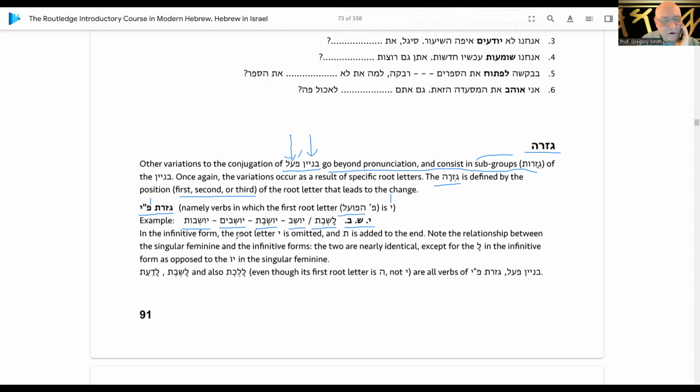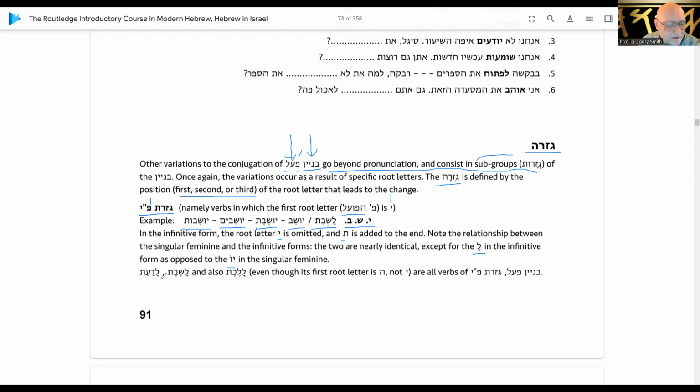In the infinitive form, the root letter yod is omitted and the tav is added to the end. Note the relationship between the singular feminine and the infinitive forms. The two are nearly identical, except for the lamed with the kametz in the infinitive form, as opposed to yod holem in the singular feminine.